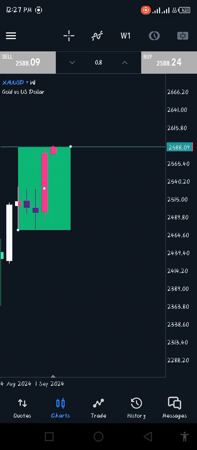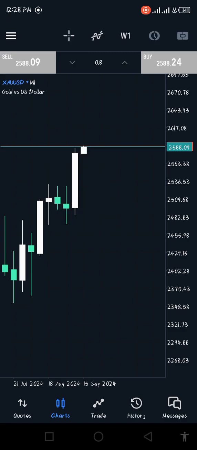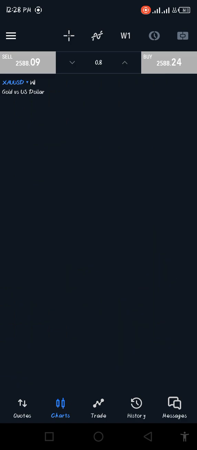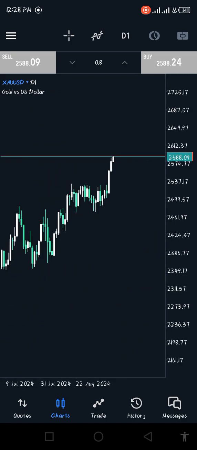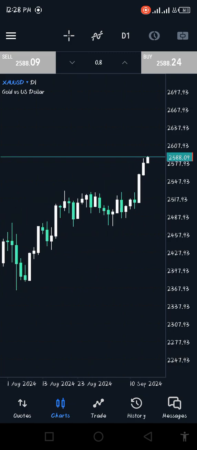G-Spot has been buying on the weekly time frame, so we are still looking for much more buying opportunities. If we can delete that, guys, we move to the daily time frame to identify where we can look for the next buying opportunities.